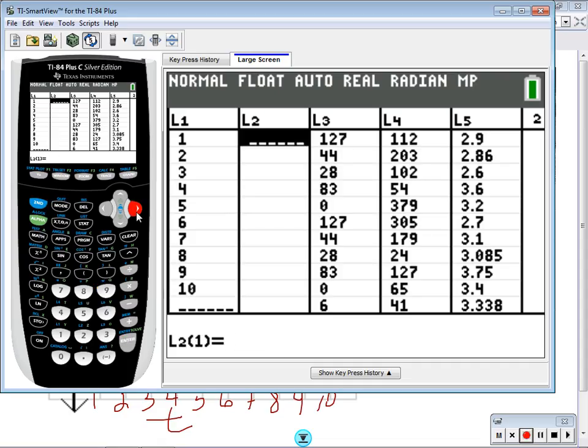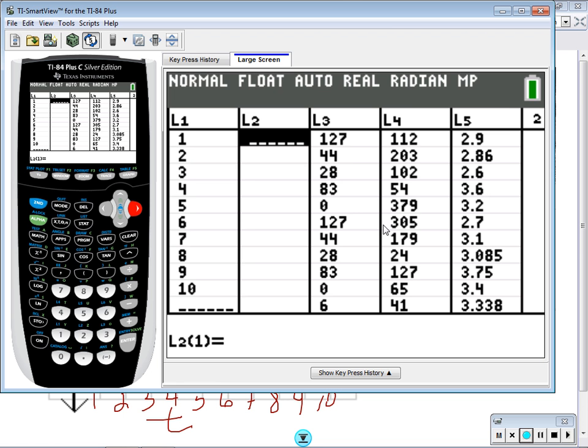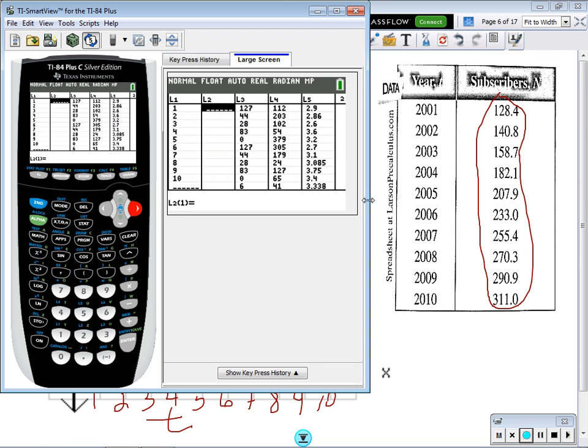And then when I go to do the L2 part of this, I'm going to put these values in the L2 column. First I got 128.4. I'm going to minimize this just so I can see the values better.